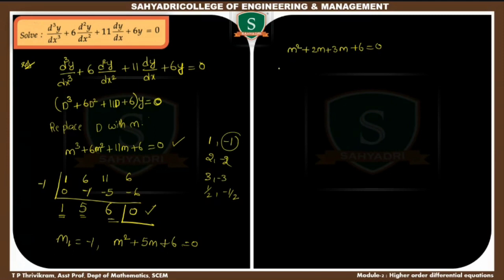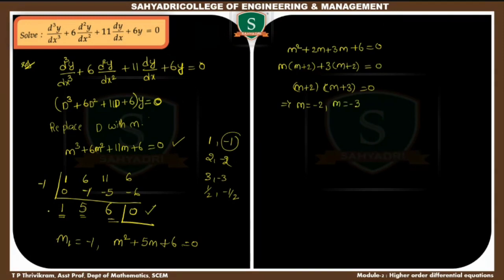If I take m common, you'll get m plus 2. Similarly, taking 3 common, you'll get m plus 2 equal to 0. Taking m plus 2 common, you get m plus 2 into m plus 3. Implies m equal to minus 2, m equal to minus 3.